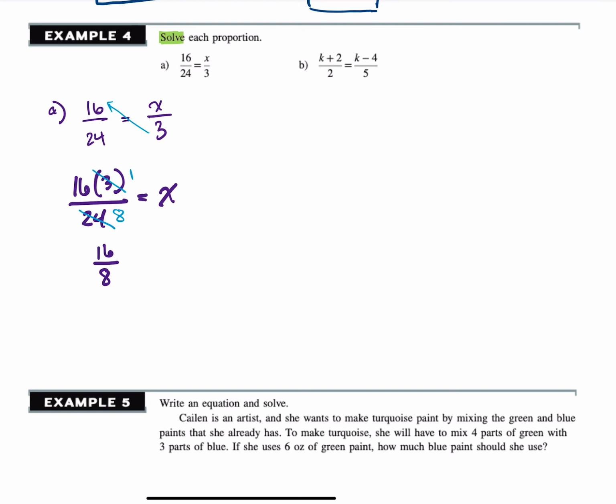And then 8 on the bottom. So 16 divided by 8, and this is still equal to x. I know 8 goes into 16 2 times, so this should just reduce to 2. You could have just multiplied that out in the numerator, the 16 times 3, and then divided it by 24. That would get you there too.